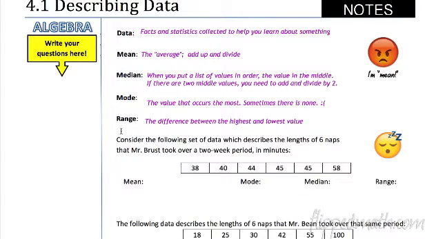We're just talking about the difference between the highest and the lowest value in a data set. We're not talking about y values on a graph. That's just a different type of range. Same idea, but it's applied differently. So for this unit, when we talk about range, we're just talking about finding the highest value and the lowest value. You find the difference, which means subtract, and then you come up with a value that way.